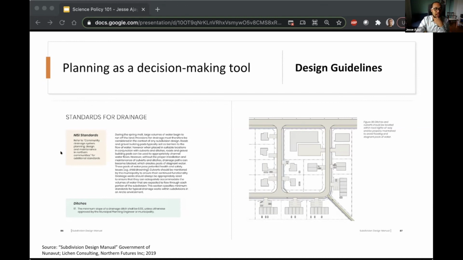So here we're referencing the NISI standards. And so we pulled from some data that talked about how culverts longer than 12 meters get clogged. If they exceed 12 meters, they can become clogged, especially just preceding spring melt. This leads to standing water. This leads to further permafrost degradation, which leads to vulnerabilities for building foundations and all the rest of that.